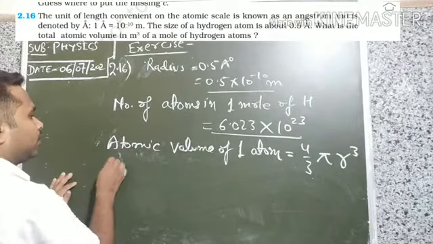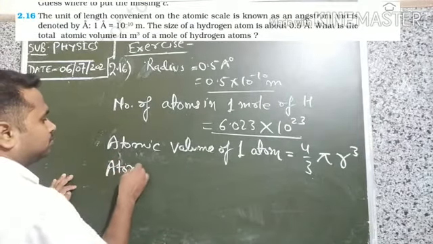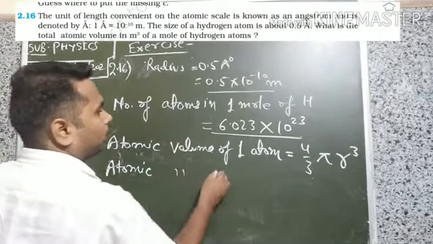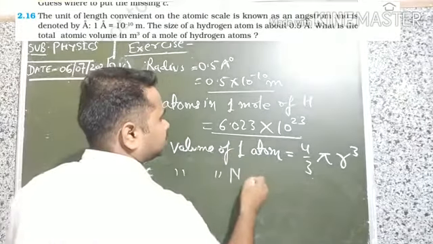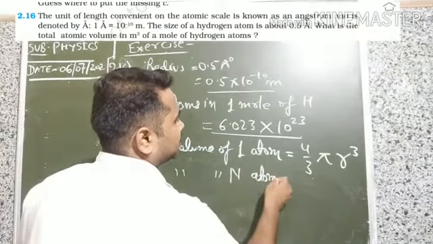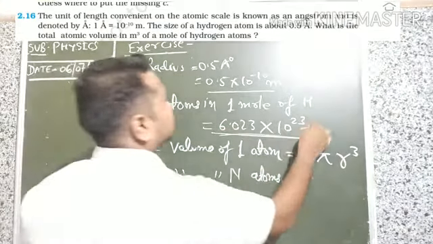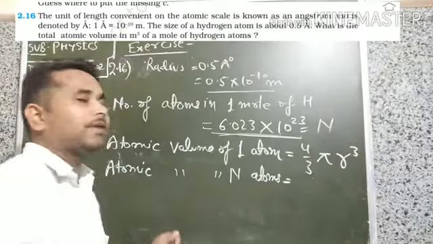So the atomic volume of N atoms. N means this number, because the Avogadro number is denoted by capital N.